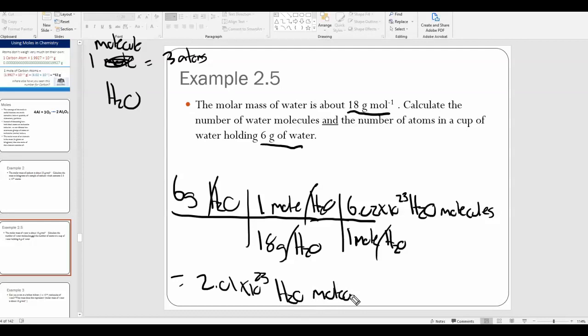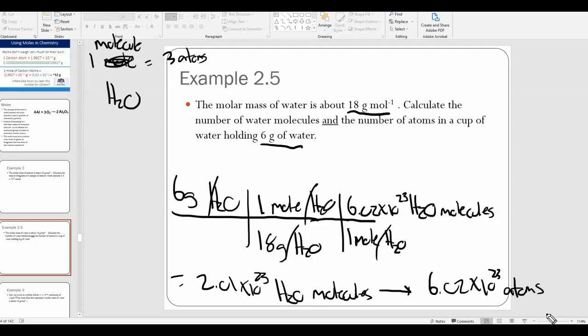Now, how many atoms is that? Well, each of those molecules is H2O, so each one has 3 atoms. So if I multiply by 3, I get 6.02 times 10 to the 23 atoms in my cup of water.